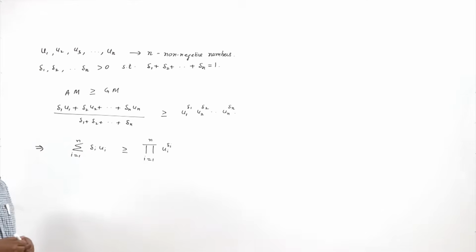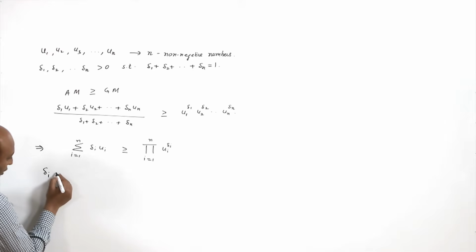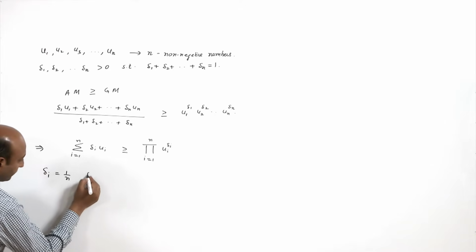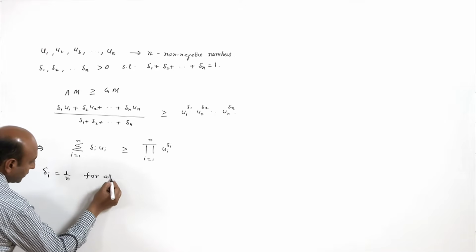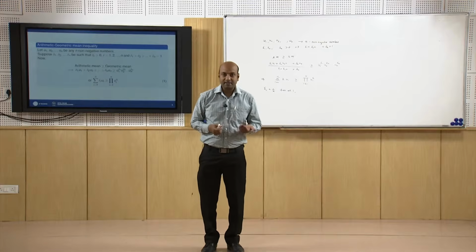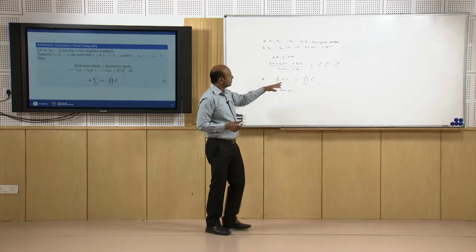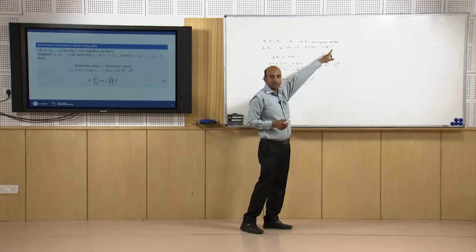Now suppose we take delta I equal to 1 by n for all I. What is the sum of all delta I? Delta 1 plus delta 2 plus delta 3 up to delta n is n upon n, which is 1, so the condition holds.